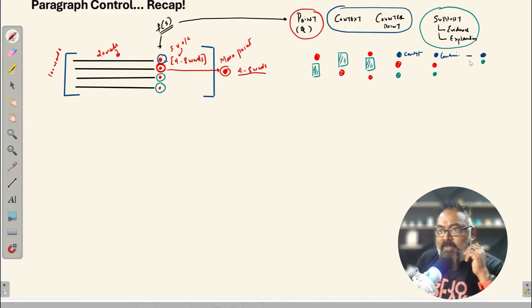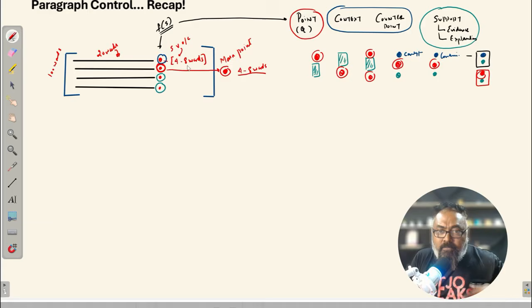And then comes a rebuttal from the author, who makes a different point, and there could be things that support that author's point, right? So it could be like that as well. There will be a lot of different variations of this, but always we are looking at this hero. Where is the point? Where is the point? That is what we are interested in, and that is what we are picking up.